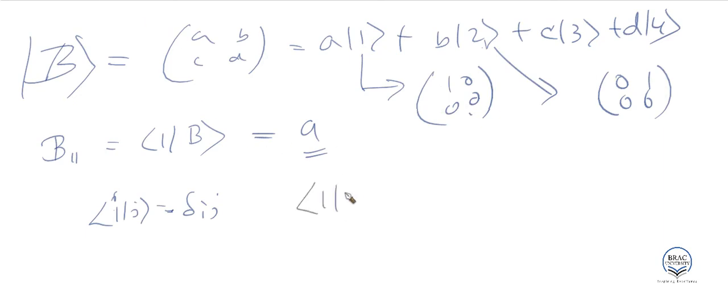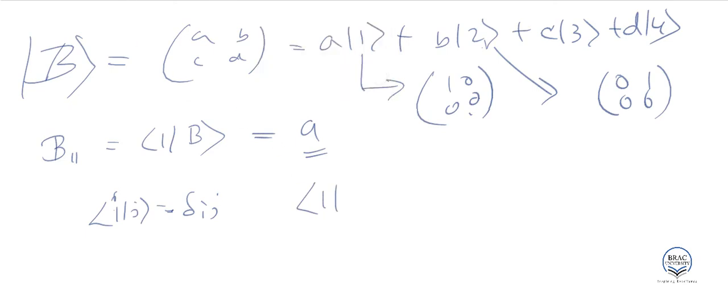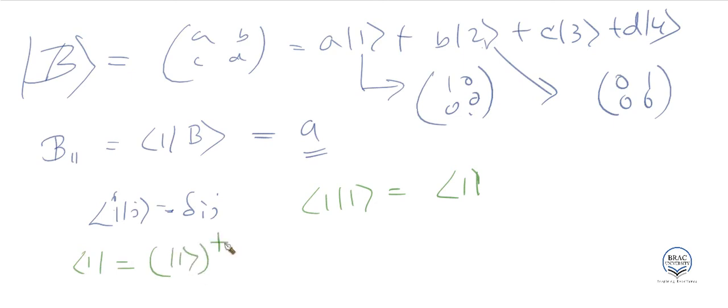Let me choose another color. I will just stick with green. So if I do ⟨1|1⟩, remember that the bra of 1 comes from the adjoint of the ket 1, that is, the bra of 1 was represented as the dagger operation of the ket 1. First you have to take the transpose, and then you have to use the complex conjugation on each and every element.